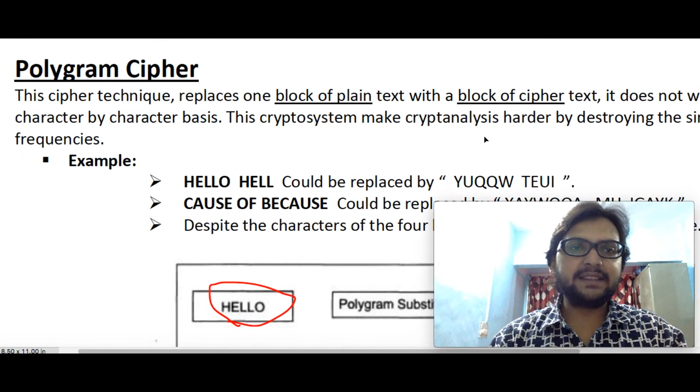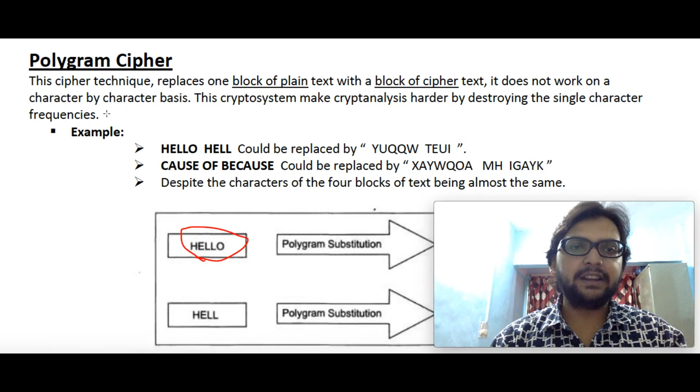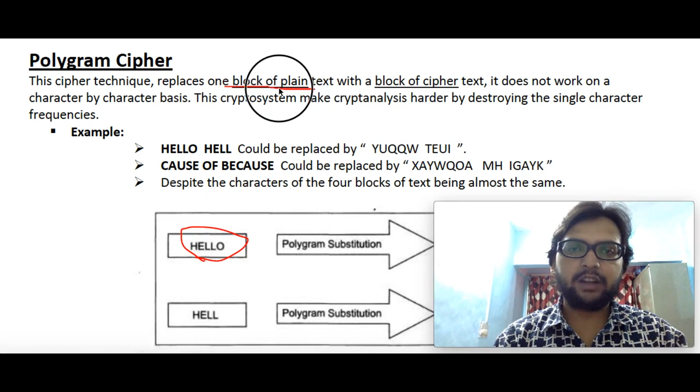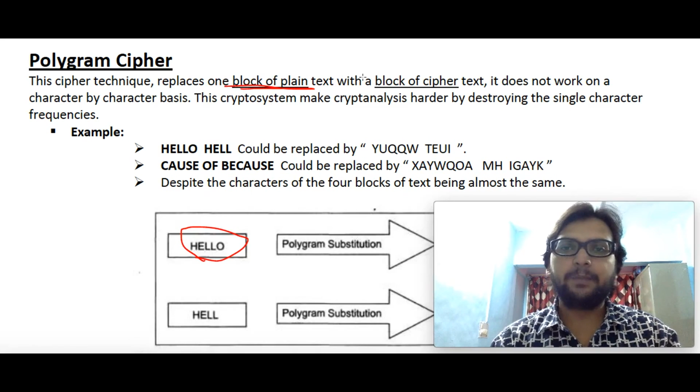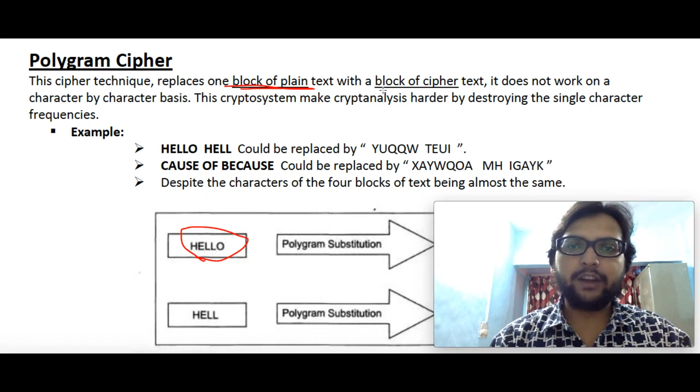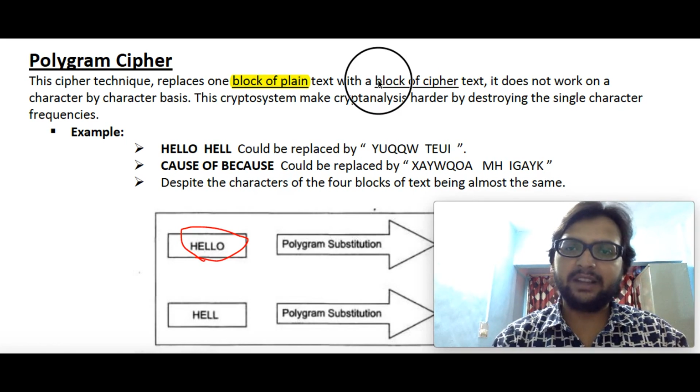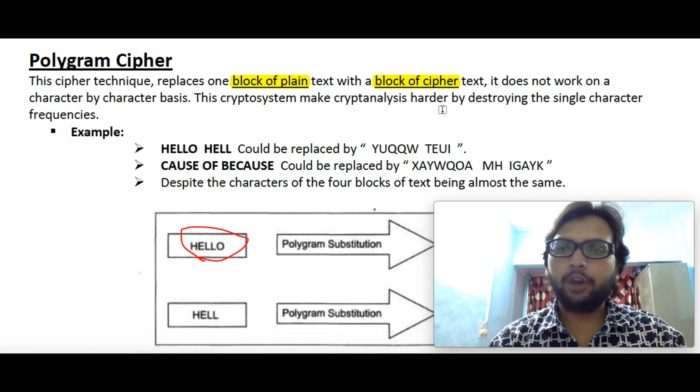So let's discuss the theory part here. The cipher technique replaces one block. This particular technique is called a block cipher, where we encrypt one block at a time. A block of plain text can be replaced with another block, and that is what we mean by block cipher or block of ciphertext.